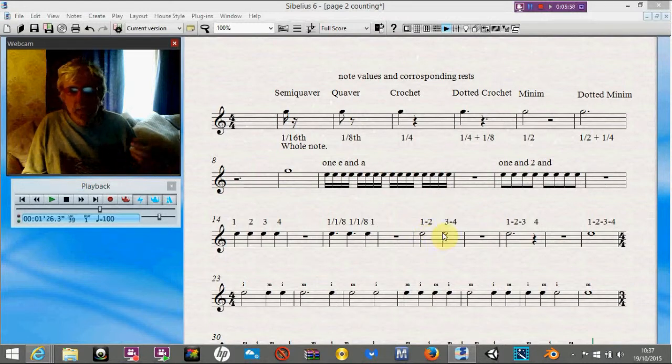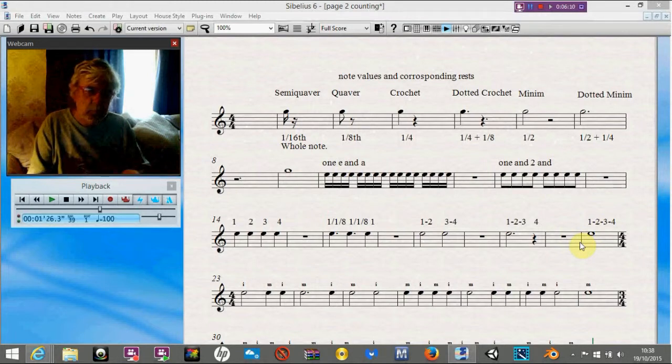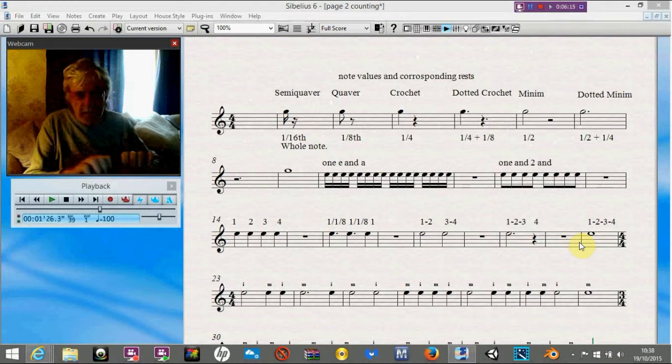And then we have the whole note, which is 1 beat with 4 quarter notes of silence, and it's stretching the note across this measure.